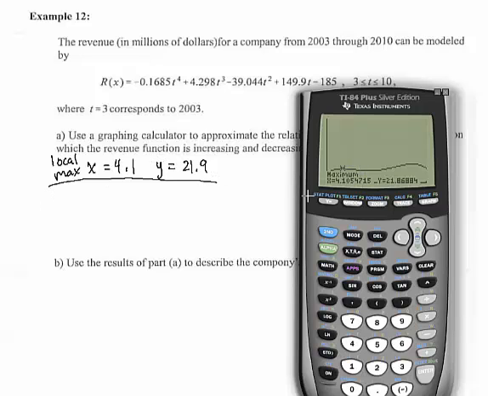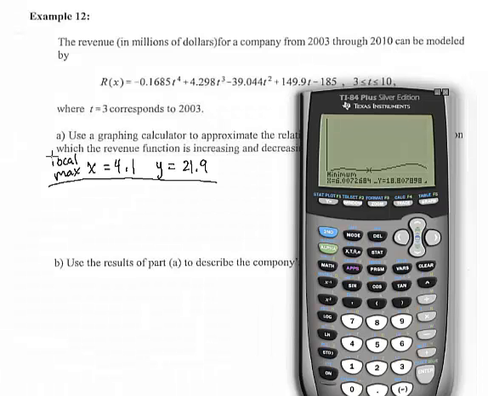Then in between we're going to hit a local minimum. So same procedure, except I select minimum instead of maximum. I am to the left. Then I scroll to the right, enter a third time, and we get the coordinates 6, and our revenue is 18.